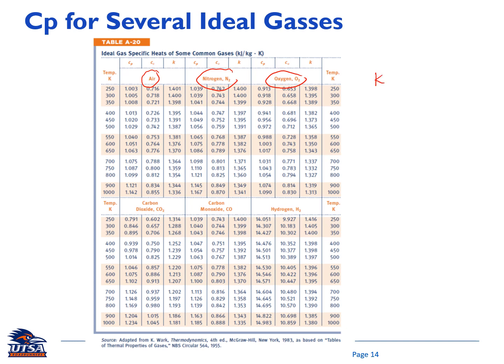If you remember, k is the specific heat ratio, so it is Cp over Cv. The first column has the temperature. On the bottom side you also have CO2, CO, carbon monoxide, and hydrogen. So once again, if you need to get Cp as a function of temperature for different ideal gases, go to table A20.